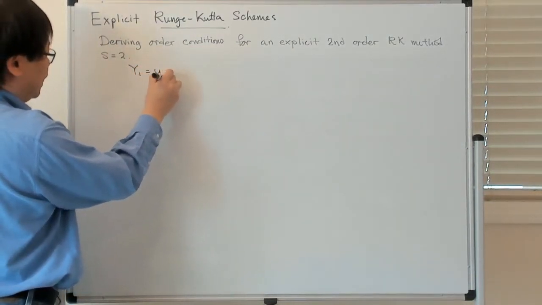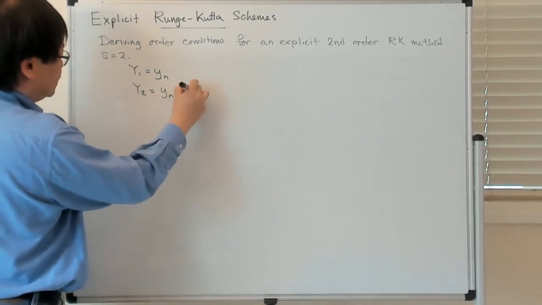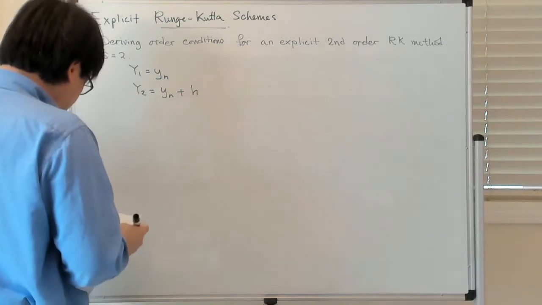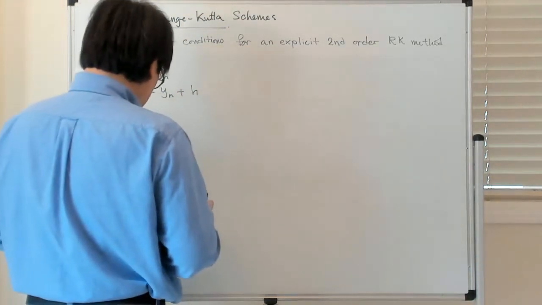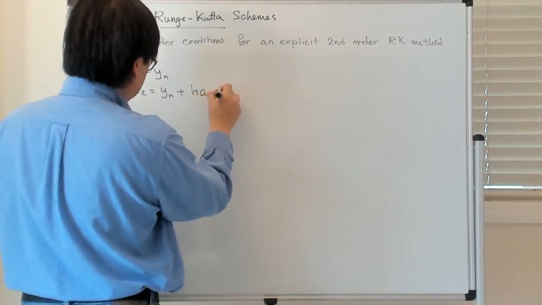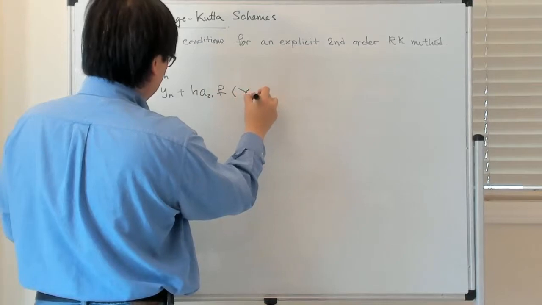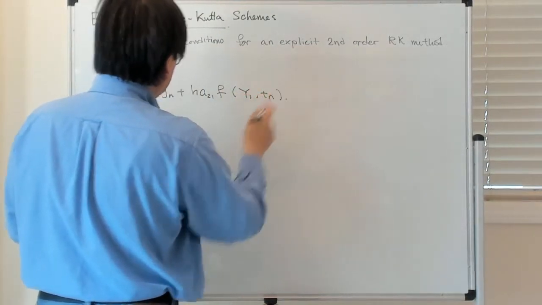equal to yn, right? y2 is yn plus h times a21 f evaluated at y1, tn.